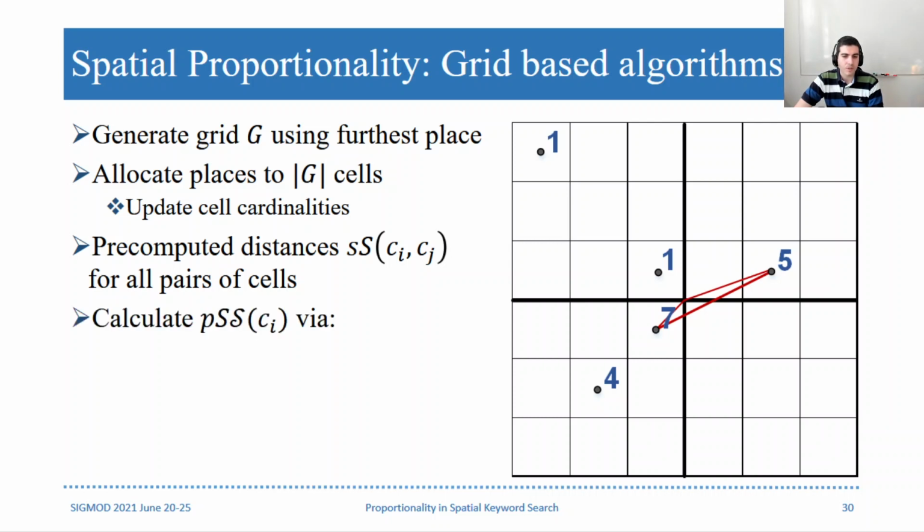Now we are able to calculate the spatial proportionality with respect to places in the input set of any place using the cardinality of the cell and the precomputed array of Ptolemy's distances. In that way, we perform all the pairwise comparisons for the cells of the grid that contain places instead of comparing between all the places of the input set.